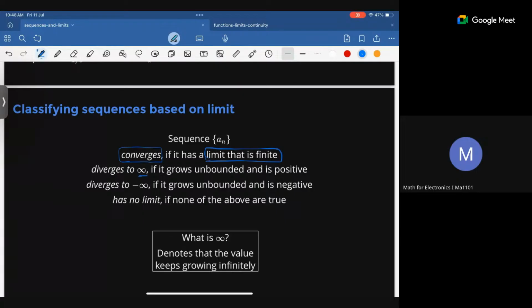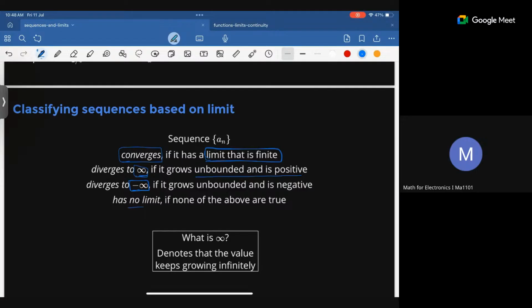Some sequences will go to infinite as n increases, so that means it will diverge. We'll say it's a divergent sequence and it diverges to plus infinite. In the same way, some sequences may go to minus infinite, so we say it's a divergent sequence that diverges to minus infinite.